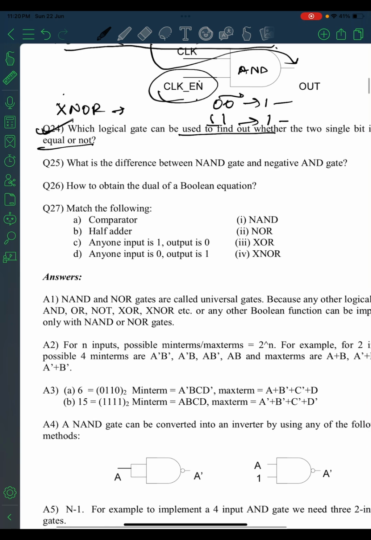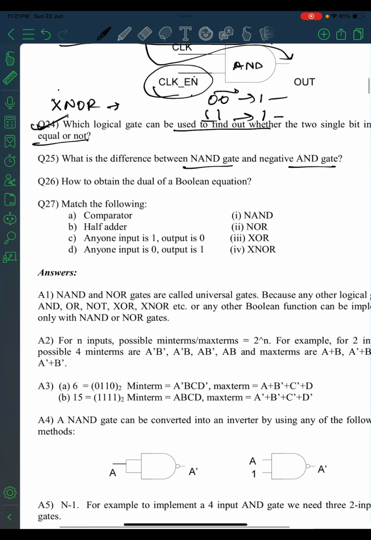Simple. What is the difference between a NAND gate and a negative AND? What is NAND? It is (A·B) whole bar, which equals A bar plus B bar. What is a negative AND? It means A bar dot B bar. This can also be represented as (A plus B) whole bar.